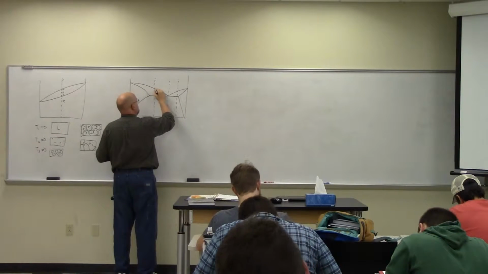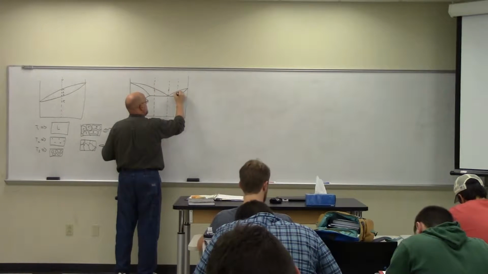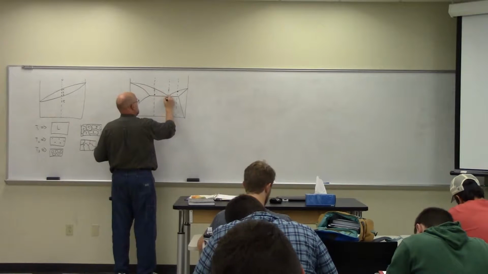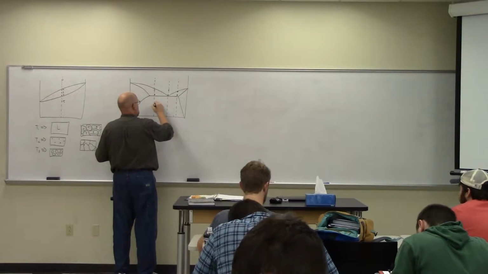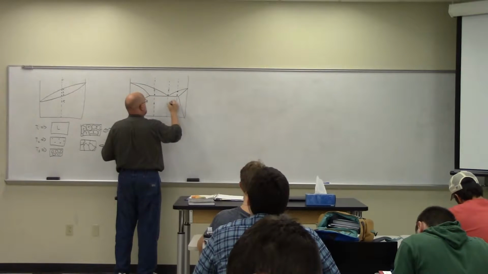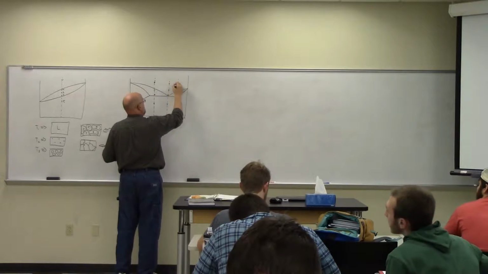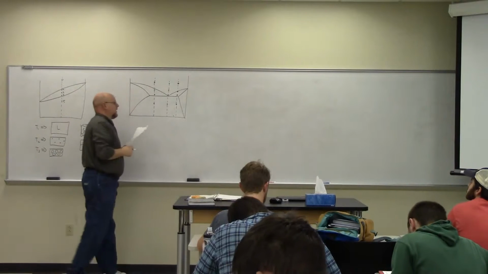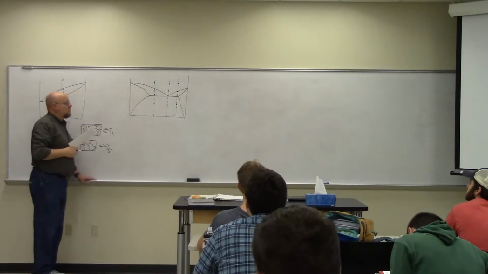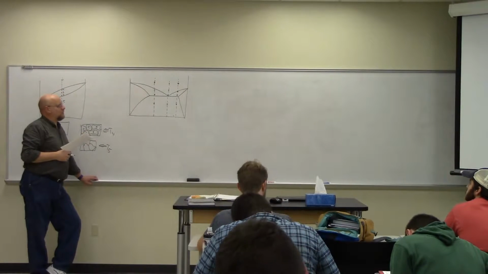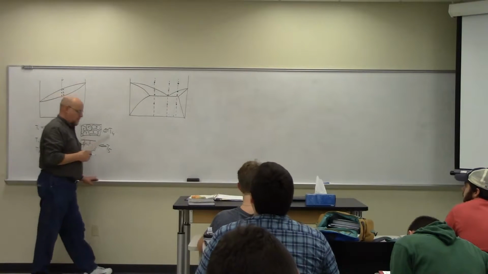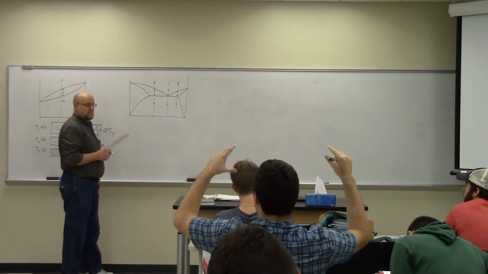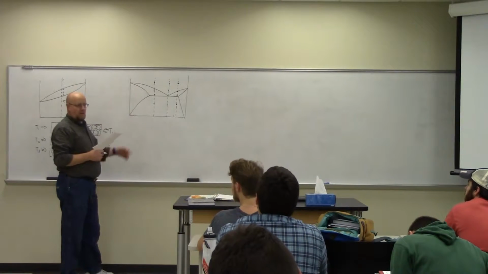Okay. So there are all of our spots. We have 4 different temperatures and 3 different compositions. Are we not dealing with the little triangles on the edge then? Not right now.